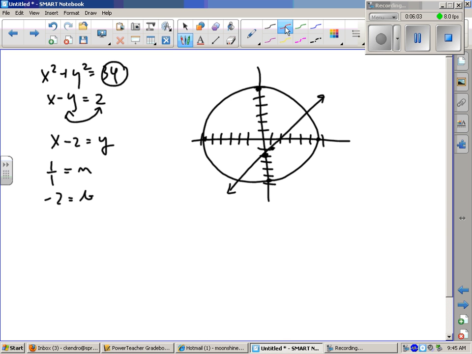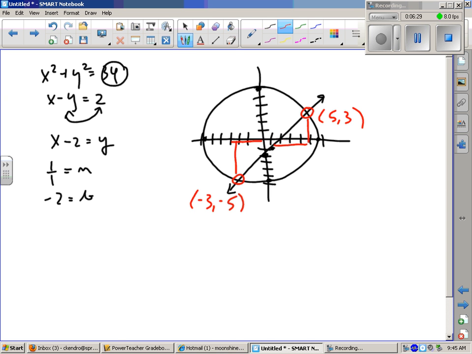So the points of intersection are here and here. Now, does this one look like (5, 3)? And does this one look like (negative 3, negative 5)? I'd say pretty close. We go over 5 and up 3, go over 3 and down 5. So that would be the picture of it.